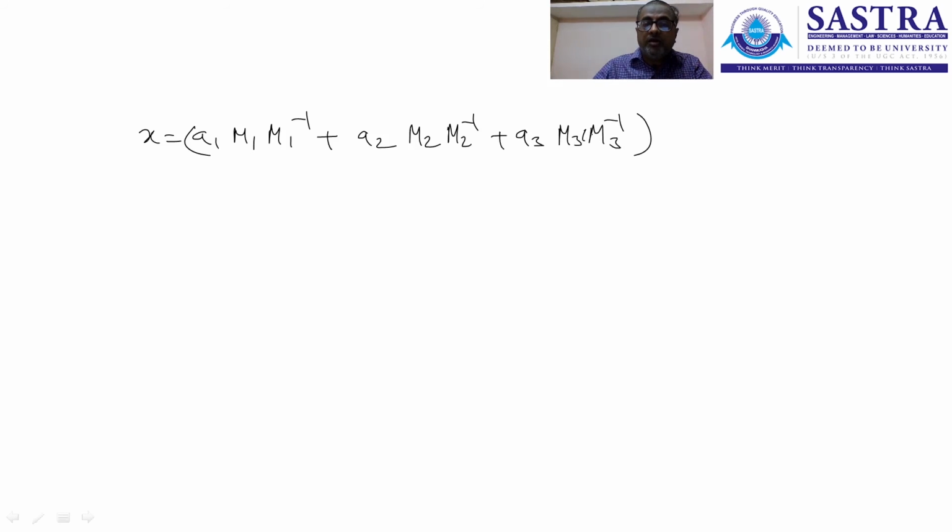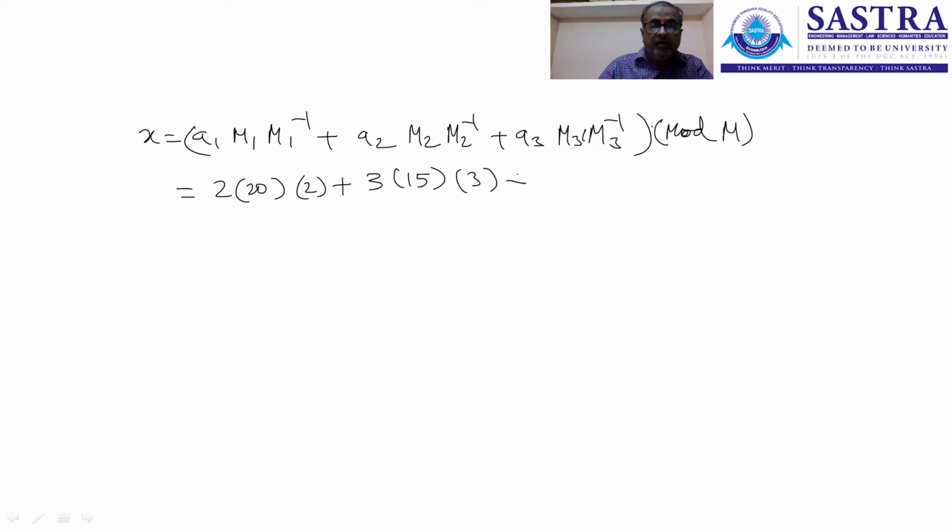So you get the solution x is equal to a1, m1, m1 inverse plus a2, m2, m2 inverse plus a3, m3, m3 inverse mod m. Okay, mod m. So now let me write down these values. 2 into 20 into 2 plus 3 into 15 into 3 plus 2 into 12 into 3, mod 105.